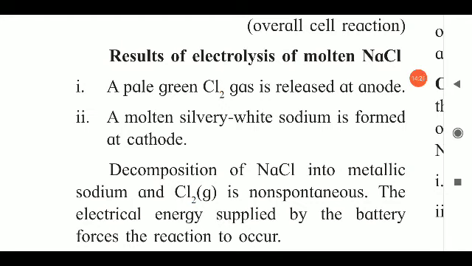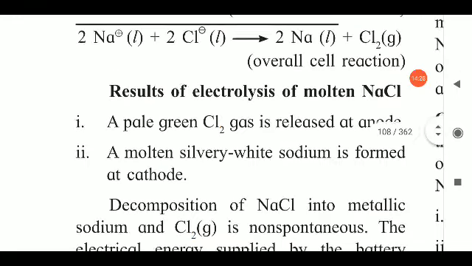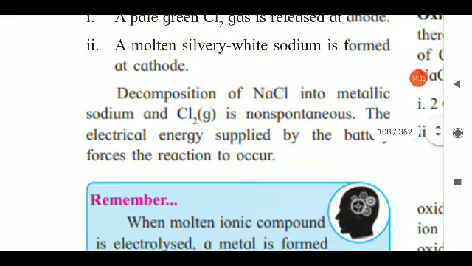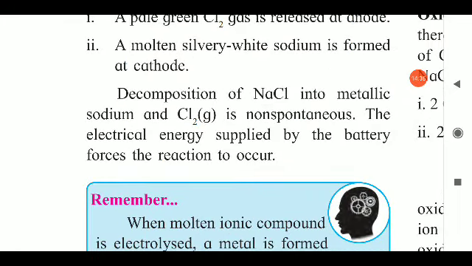The second thing is that molten silvery white sodium is formed at the cathode. That also we have seen how it is formed. Now students, decomposition of NaCl into metallic sodium and Cl2 is non-spontaneous. Non-spontaneous indicates that it will stop after some time, means this cell will work up to some extent.